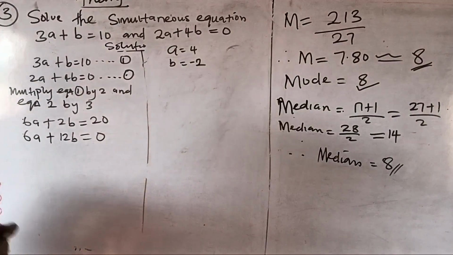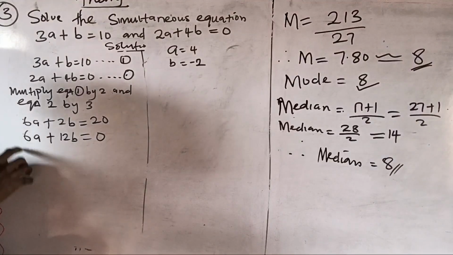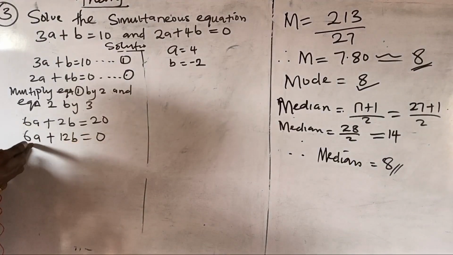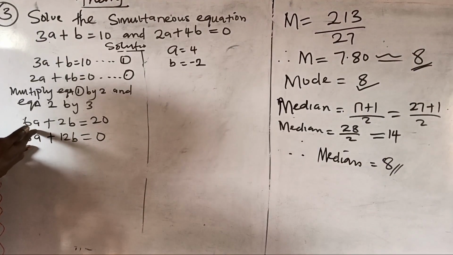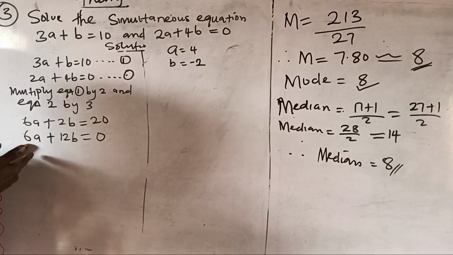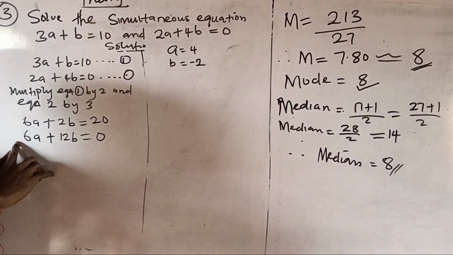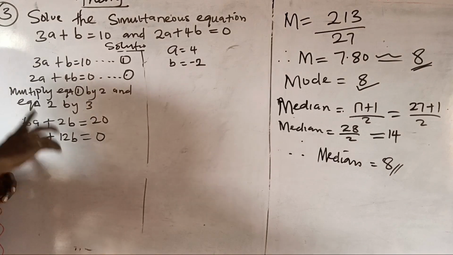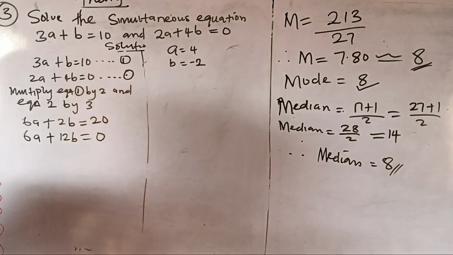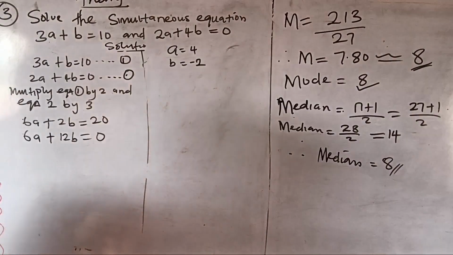So right now, look at the equations, the first equation and second equation. If you check the a coefficient, they are the same. So I'm going to subtract equation 1 from equation 2 so that I will get the first unknown before going further for the second unknown.